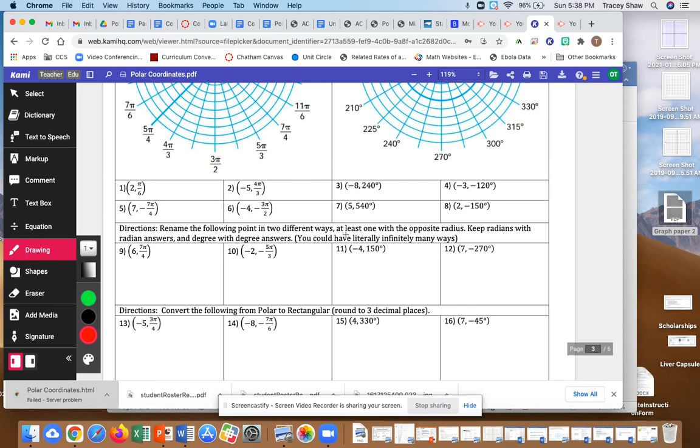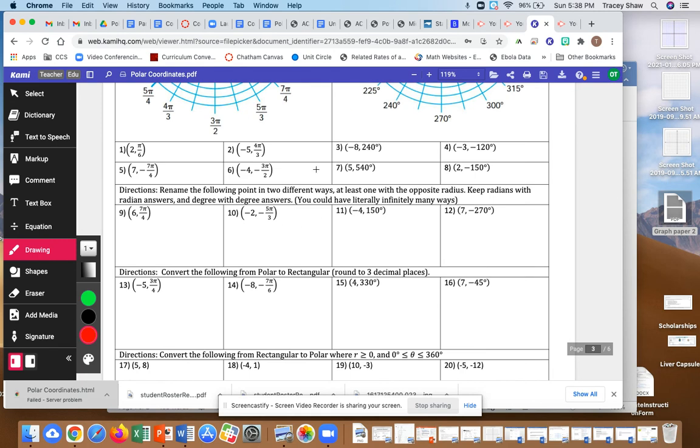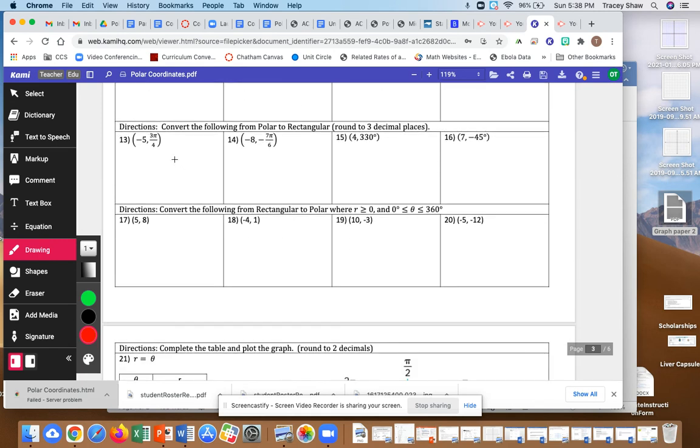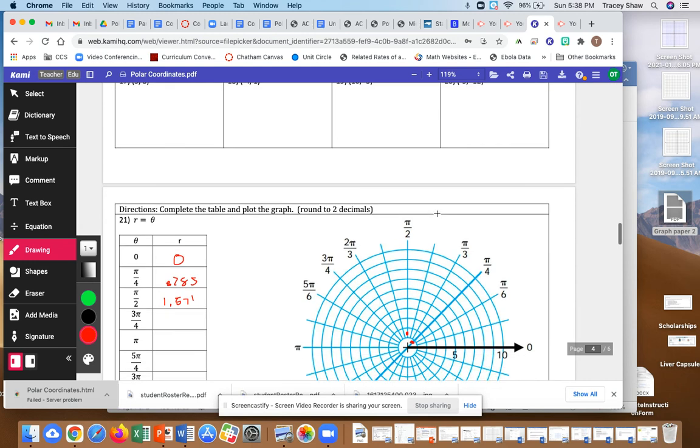One with the opposite radius, so they do want you to slide down. And keep the ones that are in radians in radians, and the ones that are in degrees in degrees. This is going to be like the examples on the first page. And then 13 through 16 is converting from polar to rectangular, and then you have to convert from rectangular to polar. Now, the nice thing is it tells you specifically to be in degrees in this one. So if you want to use your calculator, make sure you're in degrees.